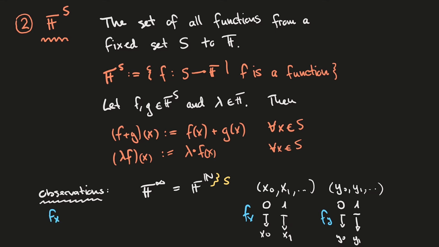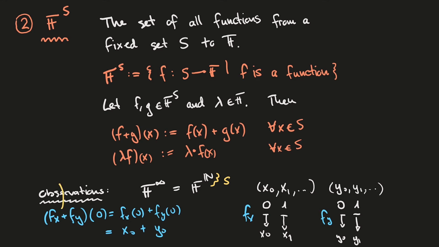If we want to determine what the function f_x plus f_y is in the space F^S, then f_x plus f_y of a given element, say 0, is defined to be f_x of that element plus f_y of that element. And if we check over on the right, f_x of 0 is just x0, and f_y of 0 is just y0.